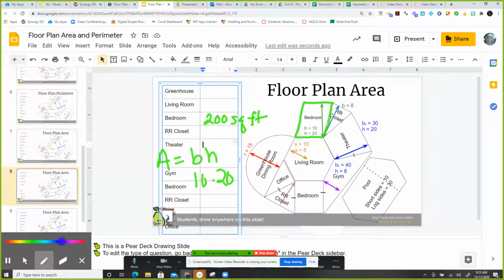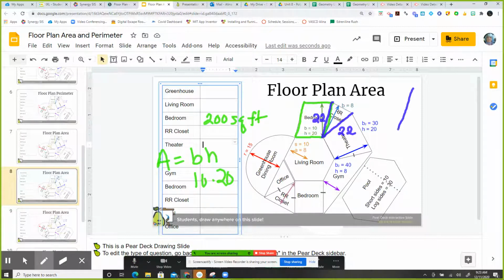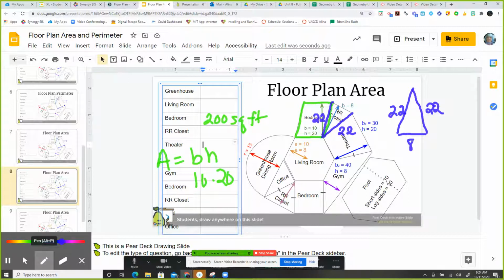And we made this side 22, right? At the beginning. So how do I find the height of my closet? Good, this is 22, and this is 22, and this is 8. How do I find the height of my closet so I can find the area?